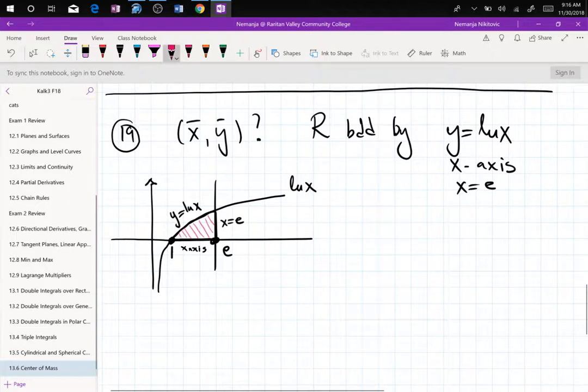So, no density function given in this example, so we'll take rho equals 1 for uniform density. So rho of (x, y) is going to be equal to 1, uniform density.